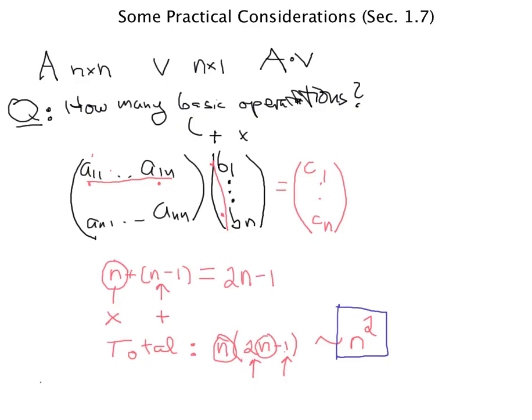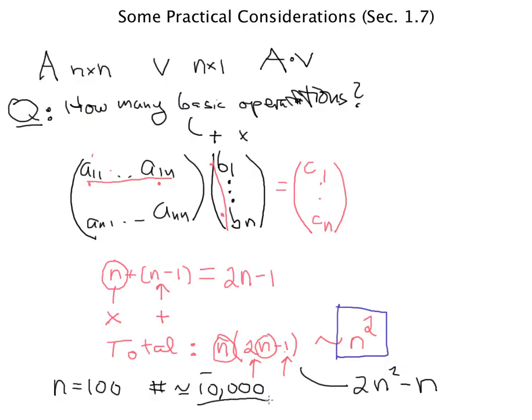So that says, for example, if n is equal to 100, then this number that you're getting is on the order of 10,000. And I don't really care that this number is really, I'll write it out, 2n squared minus n, because if it's 10,000 or 20,000 or 9,950, the order of magnitude is what counts.